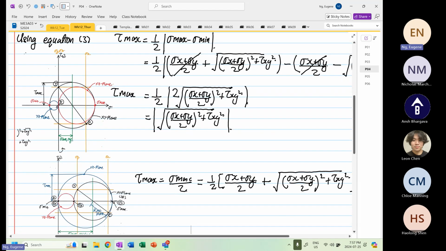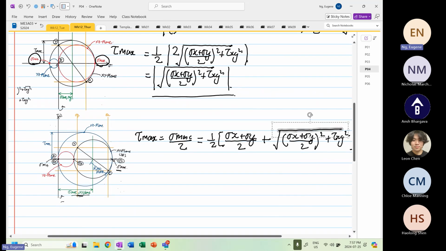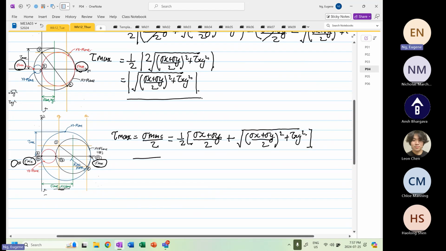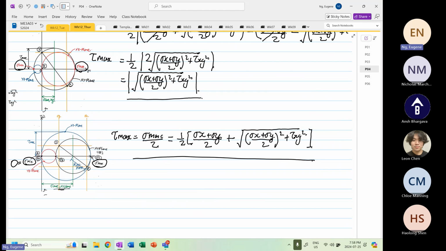So in a case where tau max is positive and tau mean is negative, this is what you have to use. But if you only have tau max and your tau mean is equal to 0, it entirely changes. So you first have to know how your 3D Mohr circle looks, not 2D.